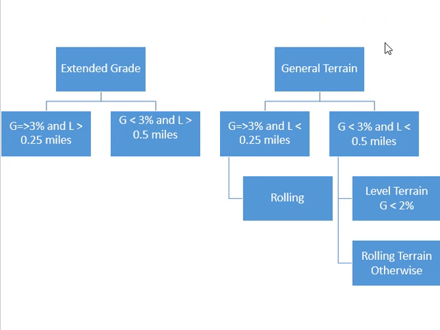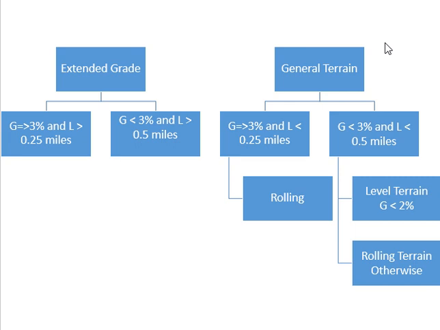There are two main types of terrain: extended grade and general. Extended grade has one of these conditions. Either this or this. If you fulfill this one, extended grade. If not, check this. If you fulfill this one, then it is extended.